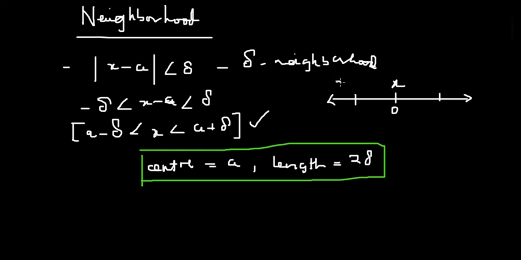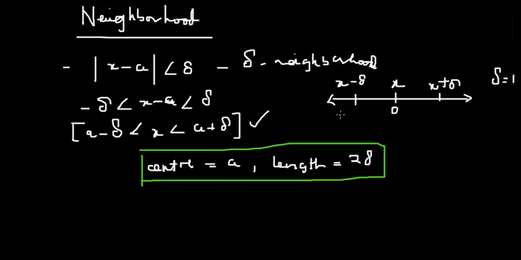So we have x minus delta, and then x plus delta. Let's say x is 0, and let's say delta is 1. The value for x is 0.